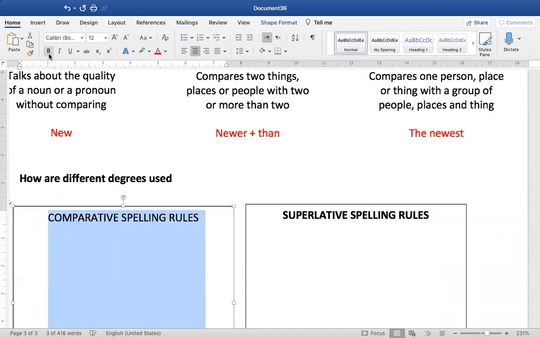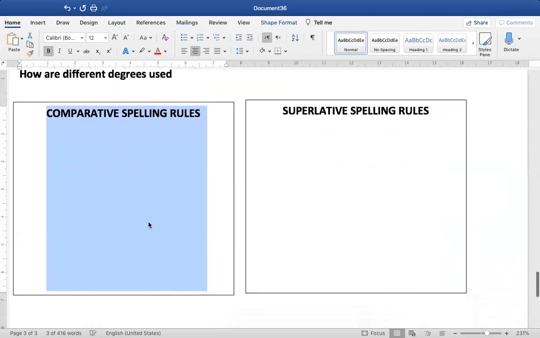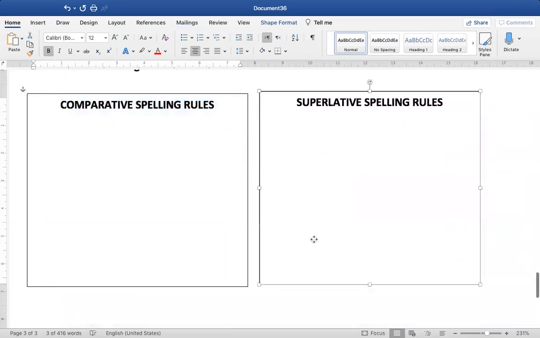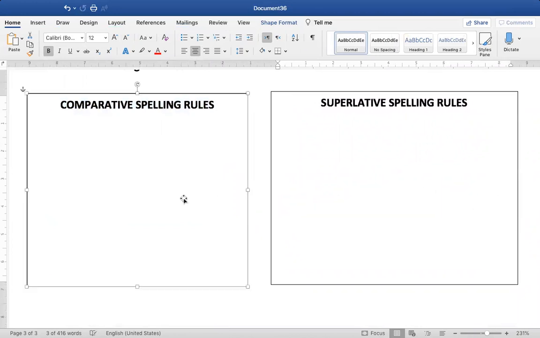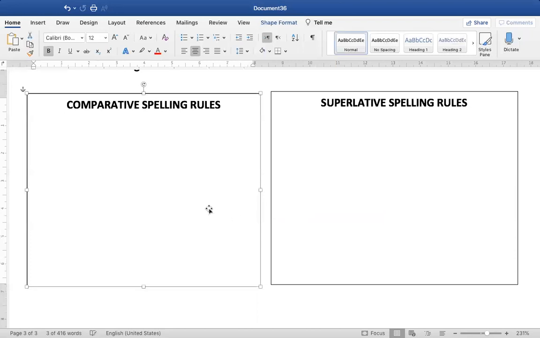Is it a one-syllable adjective? Is it a two-syllable adjective? Or is it a three? Or is it even more than three-syllable adjectives? So for that, what am I going to do? I'm going to talk about the spelling rules. So the spelling rule, first of all, for the comparative adjective, we say for all one-syllable adjectives, add ER.